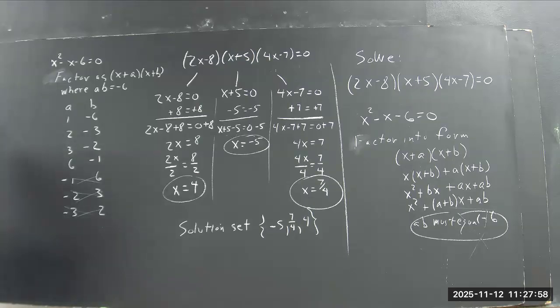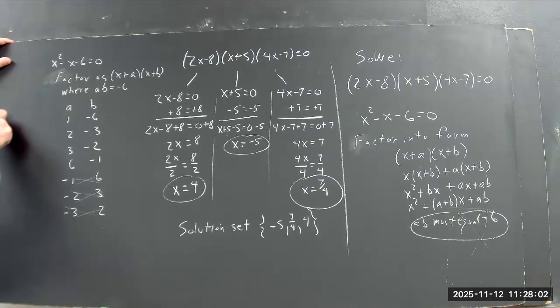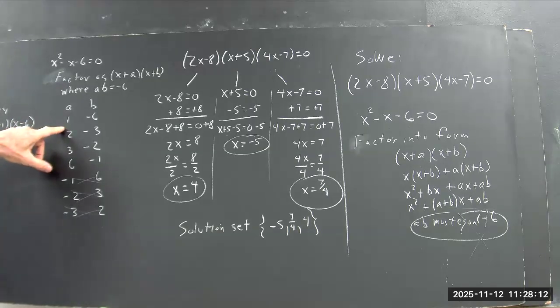So now let's try it. Let's try letting a equal 1 and b equal negative 6. We get x plus 1 times x minus 6.